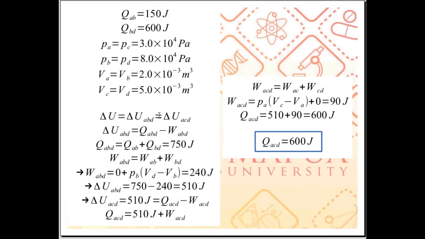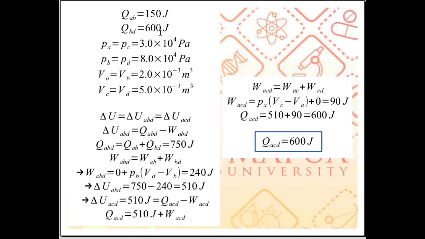Let's take a look first at delta U ABD because we know QAB and QBD. Delta U ABD is just equal to QABD minus WABD. QABD is the heat added as you go from A to B to D. So QABD is just equal to QAB plus QBD.